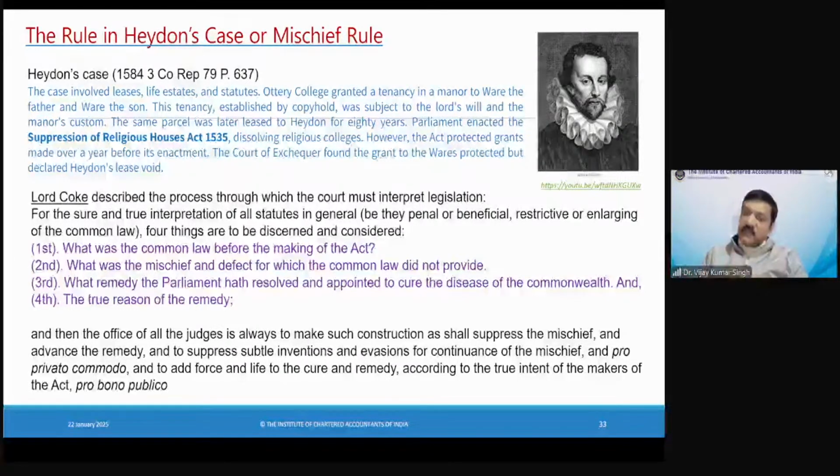This is one thing which you have to find. Second, what was the objective of bringing this X, what kind of a mischief it was trying to cure, and what kind of a remedy it has given to cure that mischief. That is what you have to see. And what was the true reason for that particular remedy? What was the objective of giving that remedy? These four things you come to know, that is what is mischief rule. And then you interpret that particular provision. This is how mischief rule works.